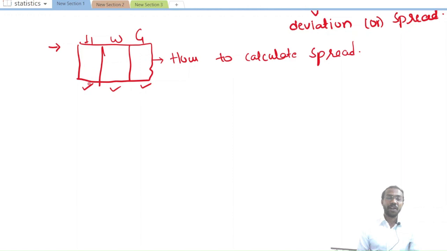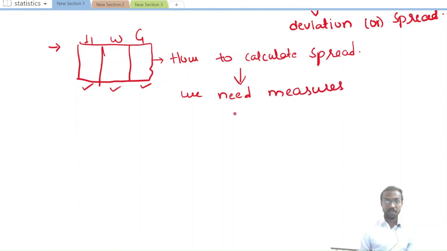We calculate the spread at a time for only one column. So for calculating the spread, we need measures.